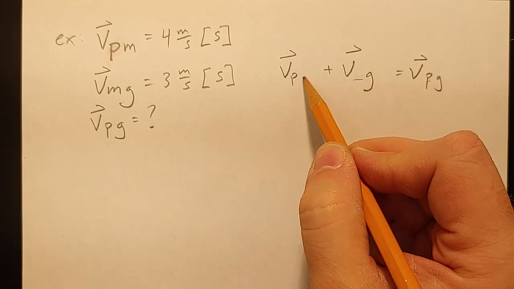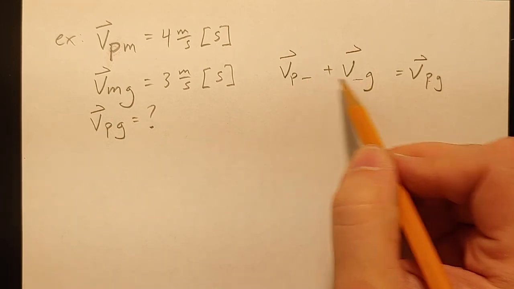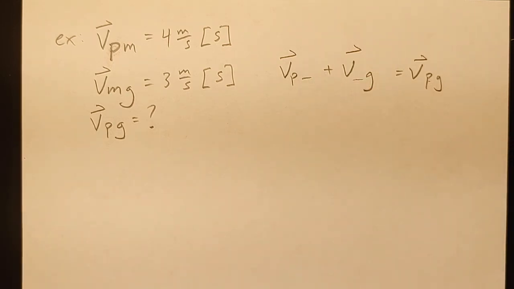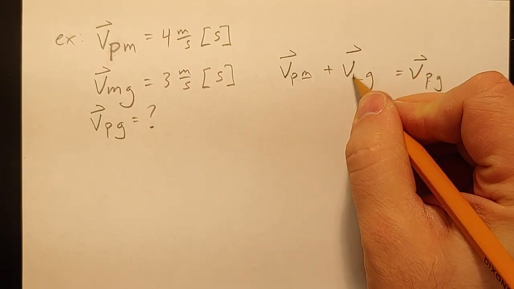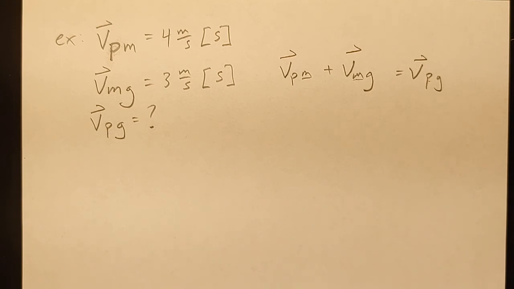And then these two inside subscripts, the last subscript here and the first subscript here, are going to match each other as well. If we look at our notation, that's got to be M. So VPM plus VMG should give us VPG.